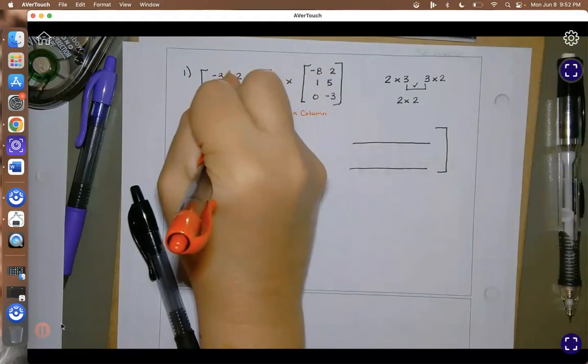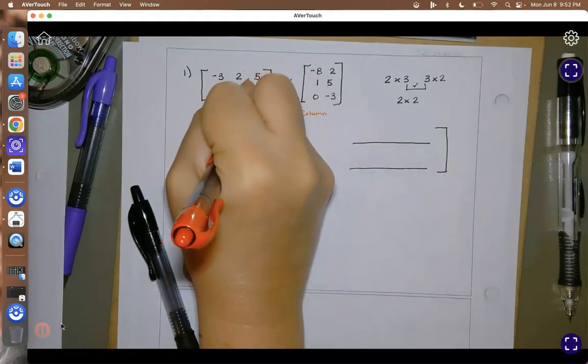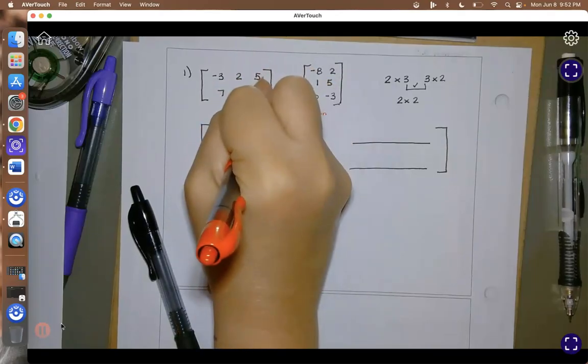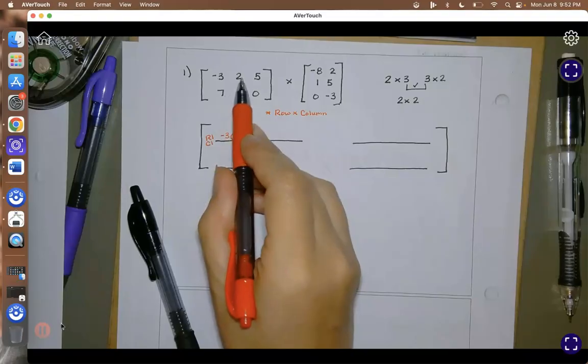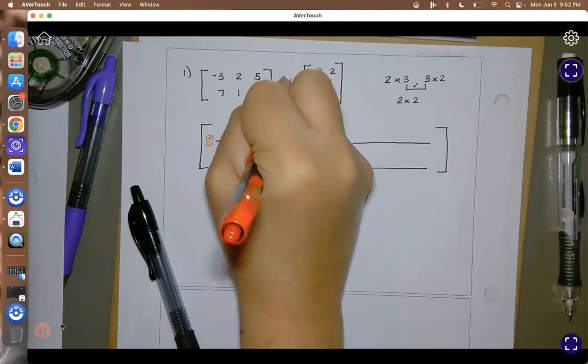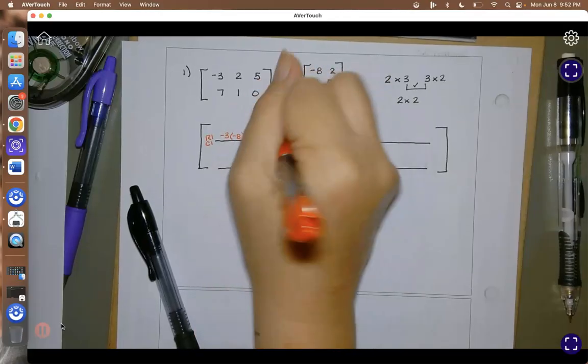So what I'm really doing is -3 times -8, and you're going to put an addition sign between each of these, 2 times the 1 and the 5 times the 0.